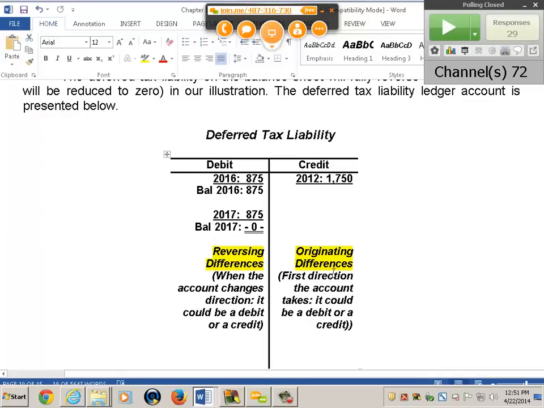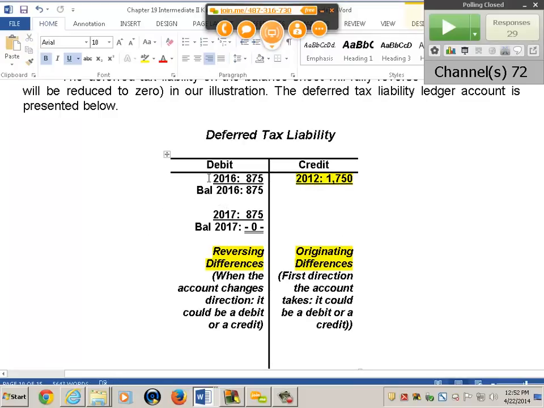An originating difference is the first direction that the account takes. Liabilities originate on the credit side, assets originate on the debit side. On originating differences, in this case, we only have one pension deposit. If you had more than one pension deposit, they would be building up. So in 2012, the liability originates. That's what we see here.